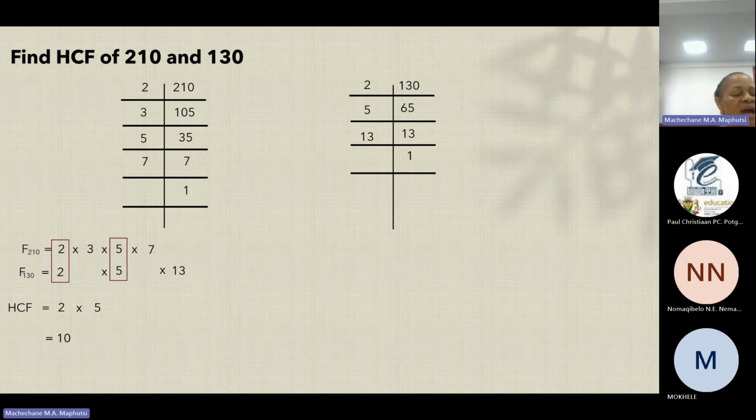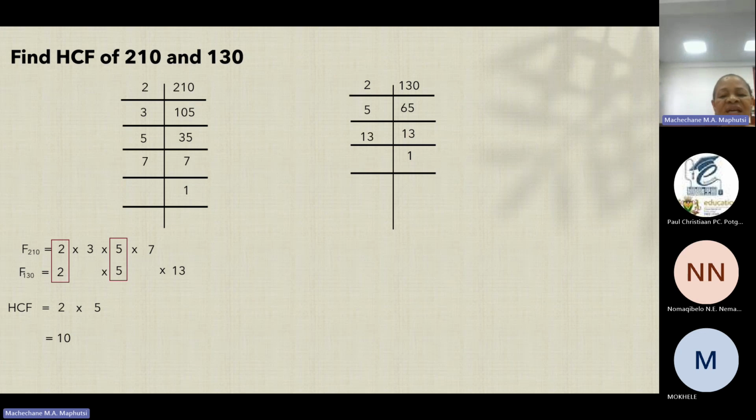After listing them, to find the highest common factor, because the highest common factor is the factor that the two numbers 210 and 130 have in common. So which are those numbers? In this case, it was 2 and 5. So to find the highest common factor, you multiply those two numbers that were common, and you got 10.